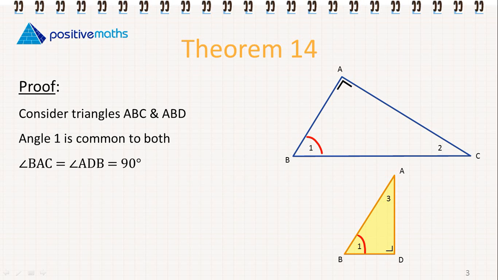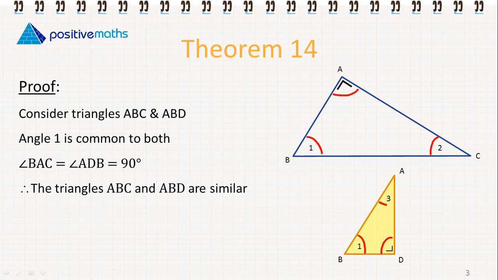The angle BAC is equal to the angle ADB, so they're both equal to 90 degrees. Therefore, the triangles ABC and ABD are similar, because they have two angles that are equal, so angle 2 is equal to angle 3, because they all have to add up to 180 degrees. So the two triangles are similar.